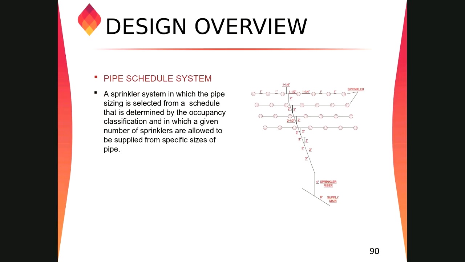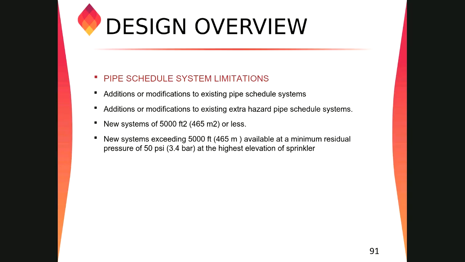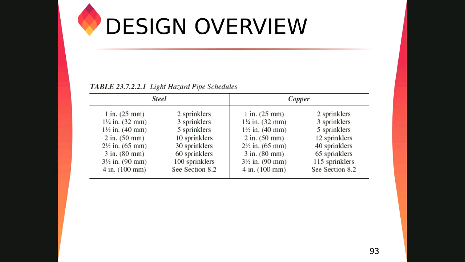The figure we have, right? If the total number of sprinklers in this figure is, let's come back to the table. Let's say the pipe is 3 inch, and we can keep 60 sprinklers.